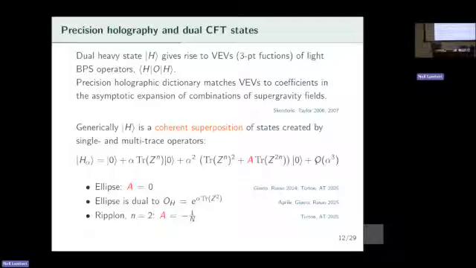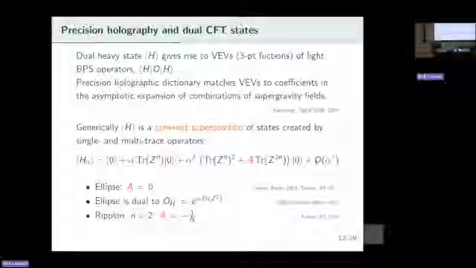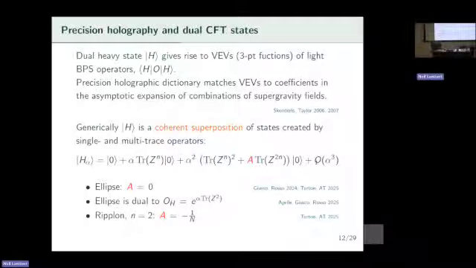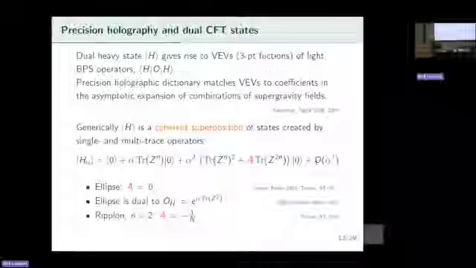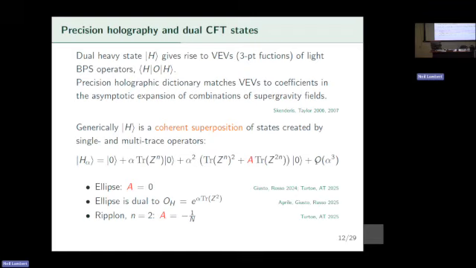At the first order in alpha, we have to have the single particle chiral primary. But at the second order, there are 2 options. We can either have the double trace, or we can have the single trace of the same dimension. A simply represents the mixing coefficient between these 2 states.